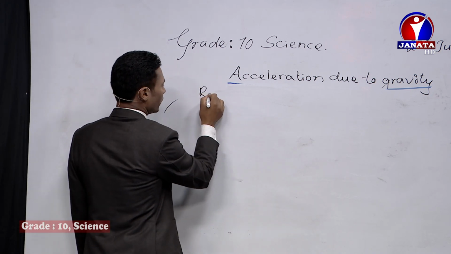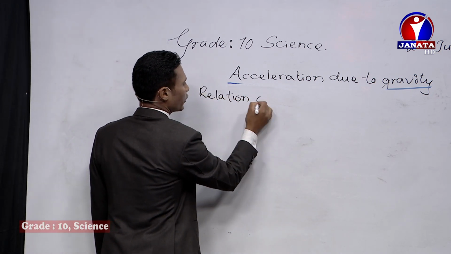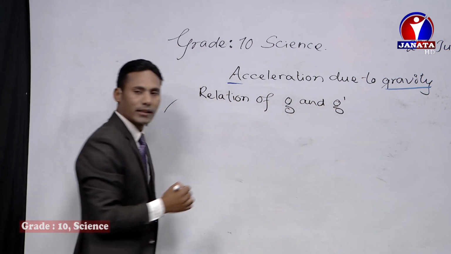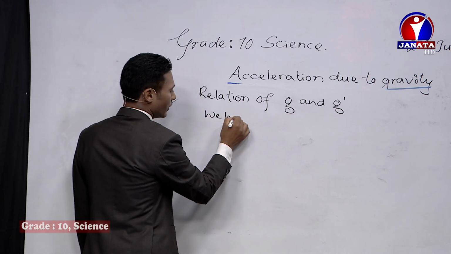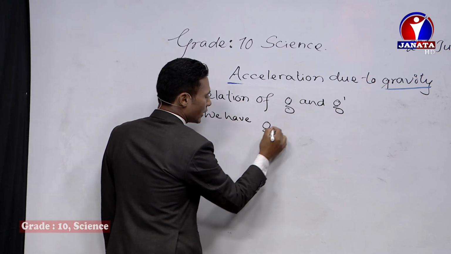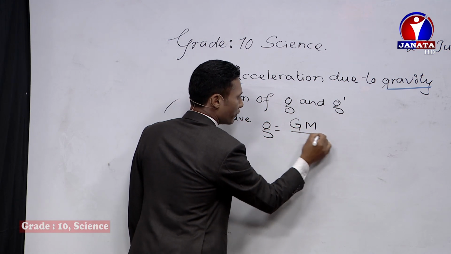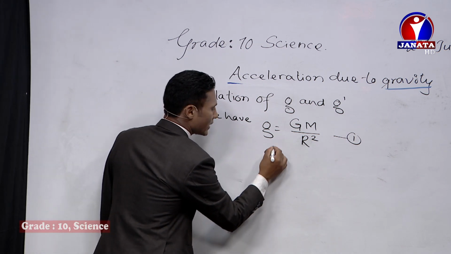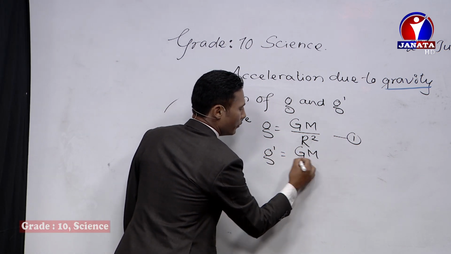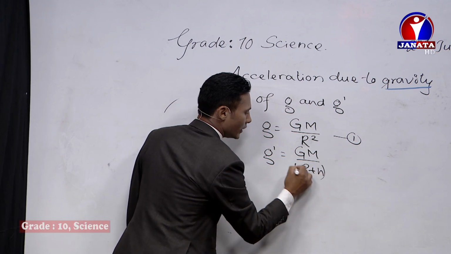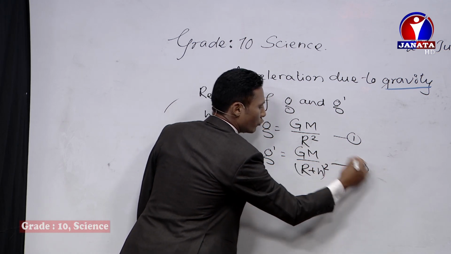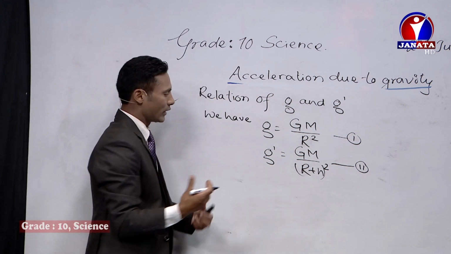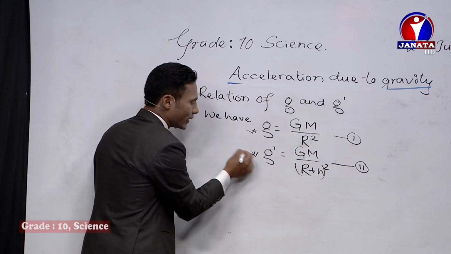Relation of g and g dash. We have g equals GM by r square, this is equation 1, and g dash equals GM by r plus h to the whole square, equation 2. These are the two formulas that we have derived previously. We are going to calculate the relation of this g and g dash.